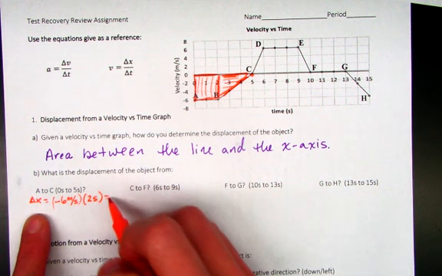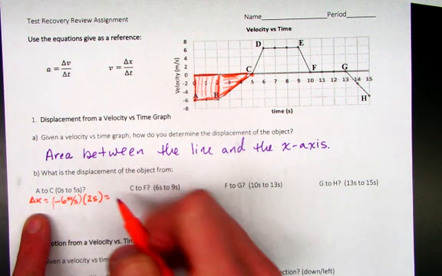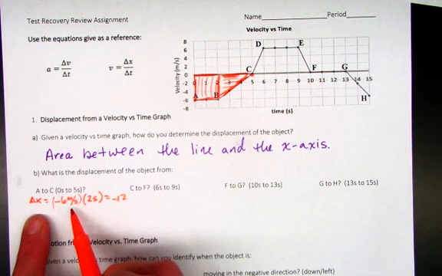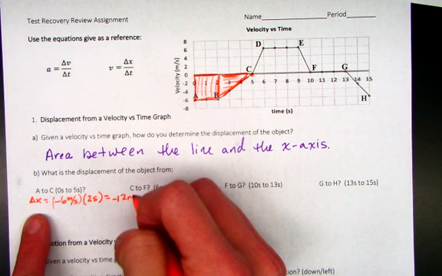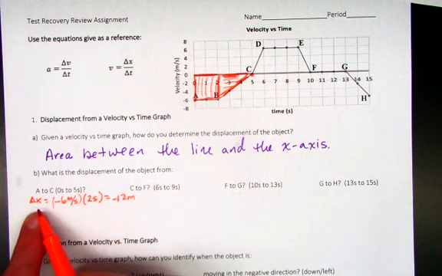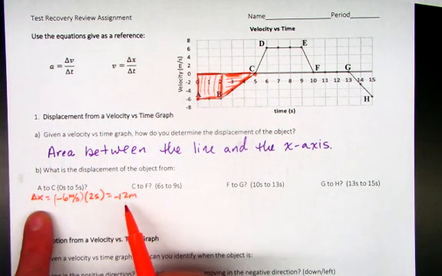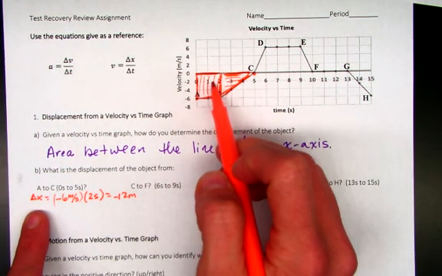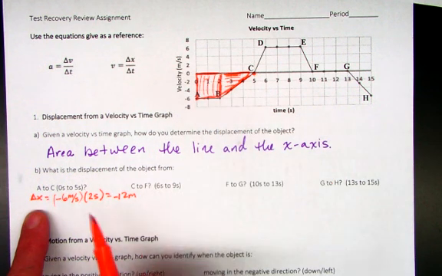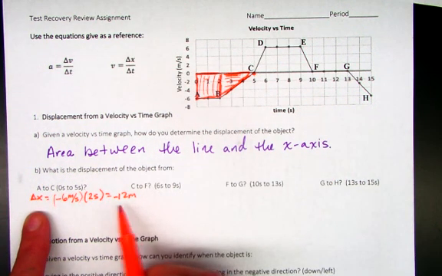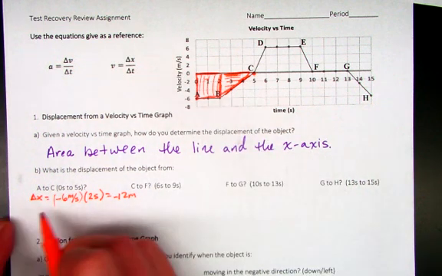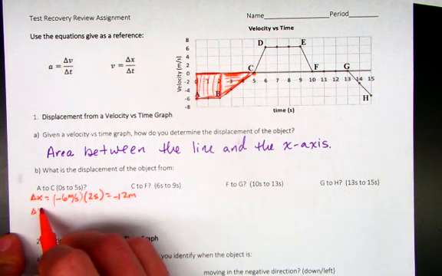So -6 times 2 is -12, but meters per second times seconds is meters, which makes sense because displacement is a change in position. So from 0 to 2 seconds, I moved left 12 meters or south 12 meters.